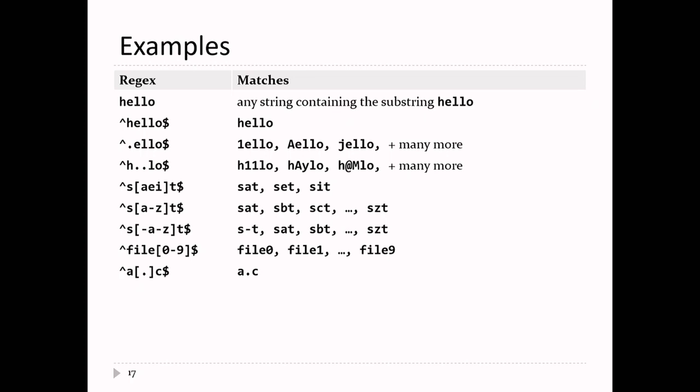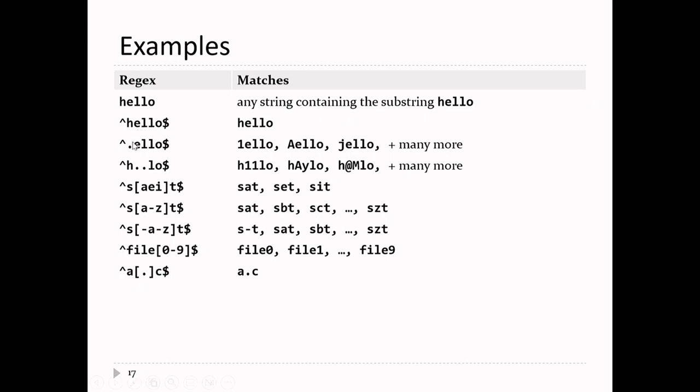If you actually want to test whether the string is hello, then you need the anchors. It has to start with, so caret, H-E-L-L-O, and it has to end with the O. That will exactly match the string hello. So this starts with an H, followed by an E, an L, an L, and ends with an O. That's how you read that.